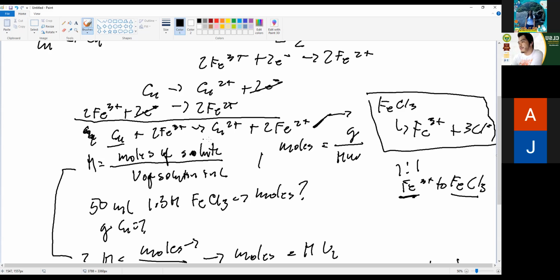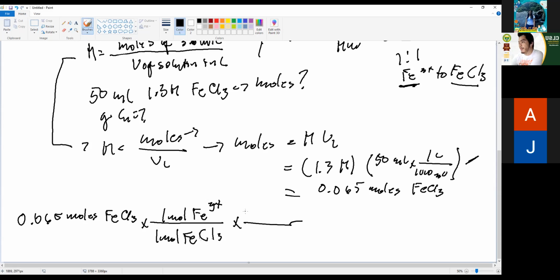So, 0.065 moles FeCl3. So, ngayon, from the balance reaction, sa 1 mole ng FeCl3, meron kang 1 mole ng Fe3+. Times, sa balance reaction, di ba?